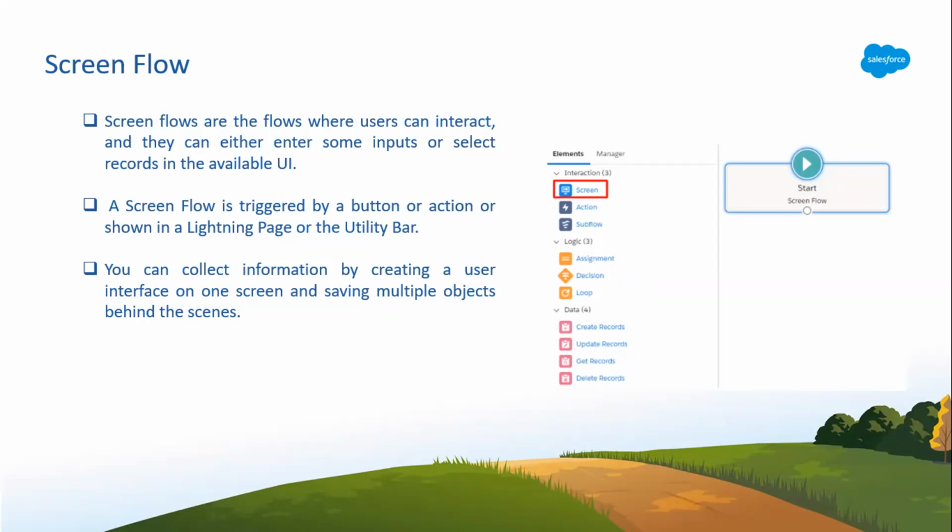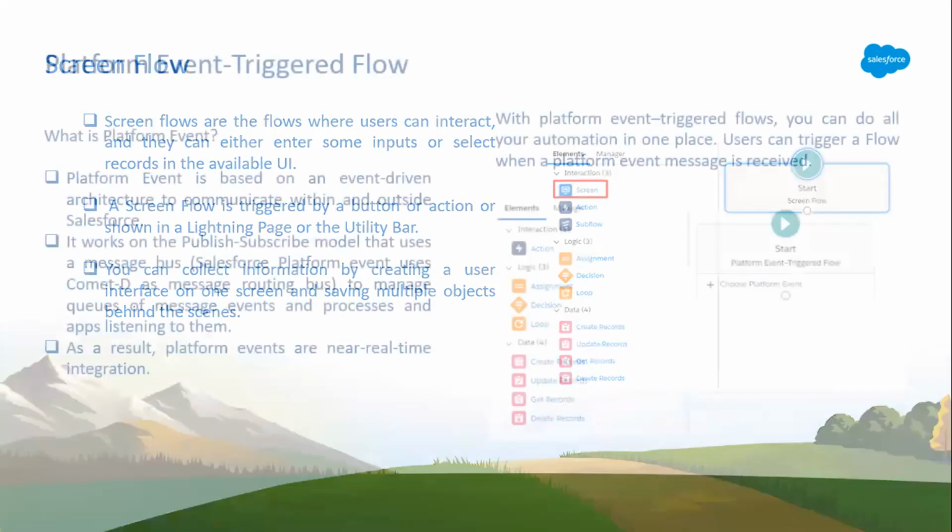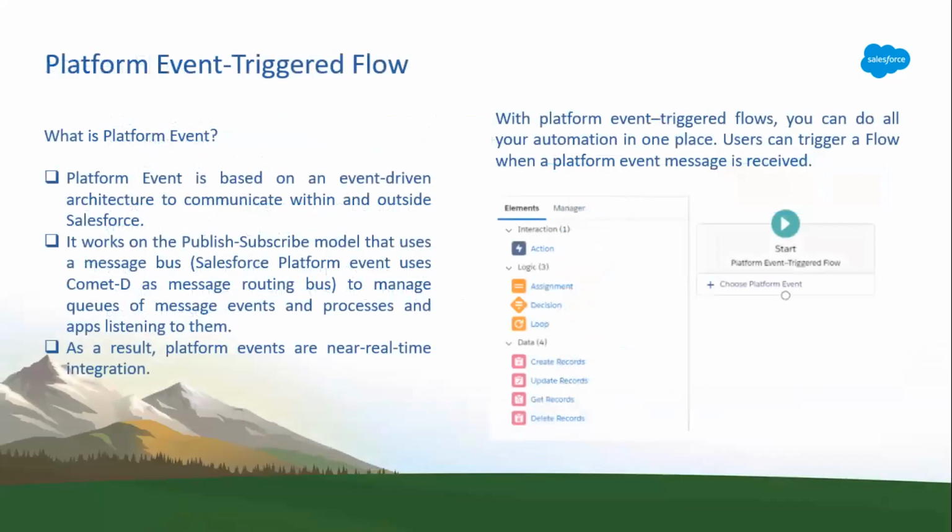So next we'll see what a platform event is. In order to understand the platform event trigger flow, I will give a brief introduction about platform events, because as Brenda mentioned, you will have a separate session for platform events in future. A platform event is based on event-driven architecture to communicate within and outside of Salesforce. Platform events always work on a publish and subscribe model.